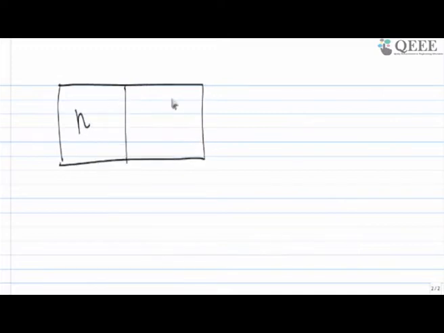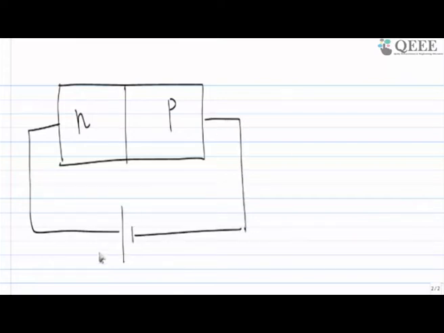One side is N type and the other side is P type. Before starting BJT, I would like to tell you an interesting fact about the PN junction. If I make this PN junction reverse biased, there is a big battery connected with plus on the N side and negative connected to the P side.